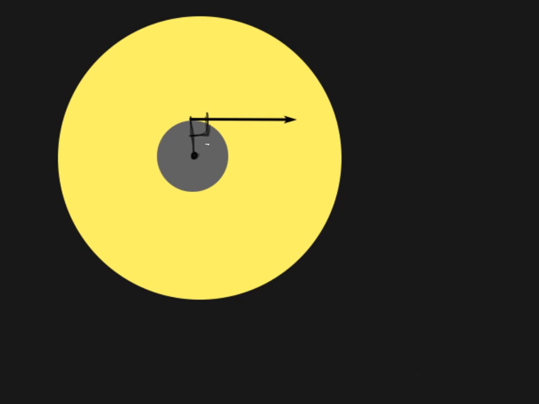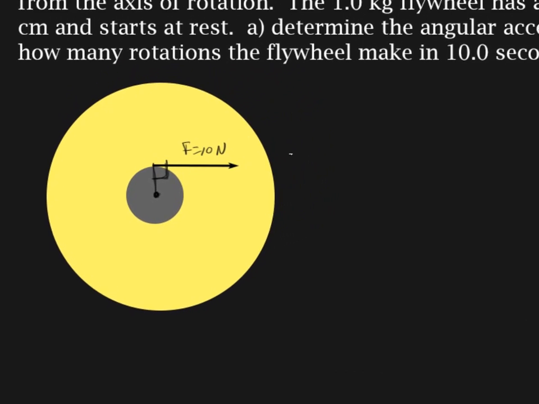So that's a useful piece of information. Okay, so the string is wrapped around this pulley, and we're just going to be pulling on that string with a constant force of 10 newtons.